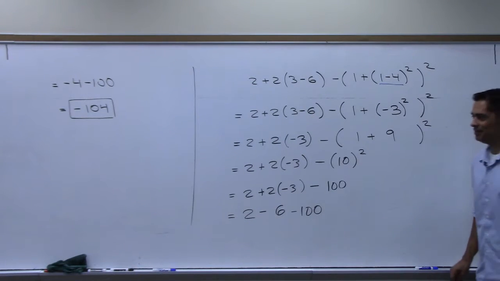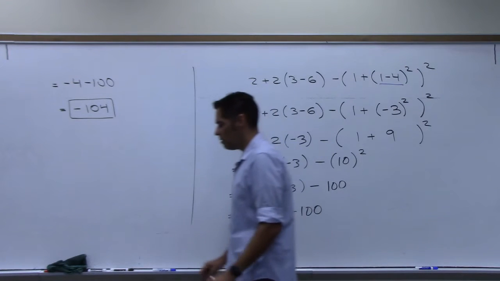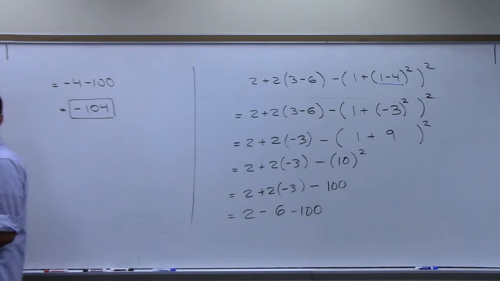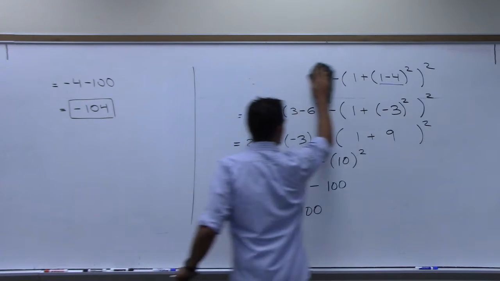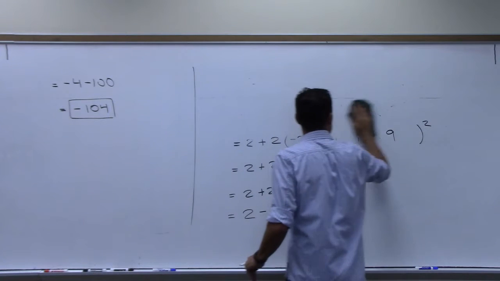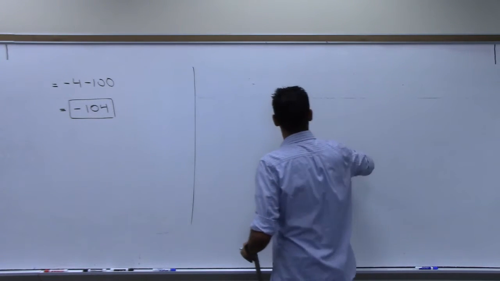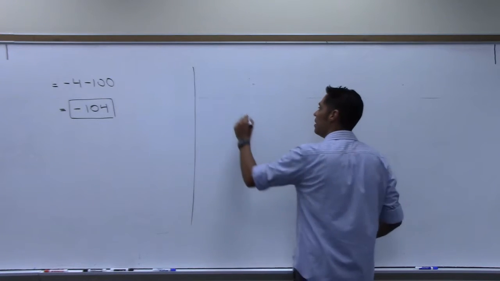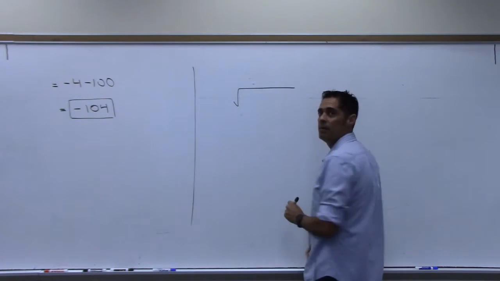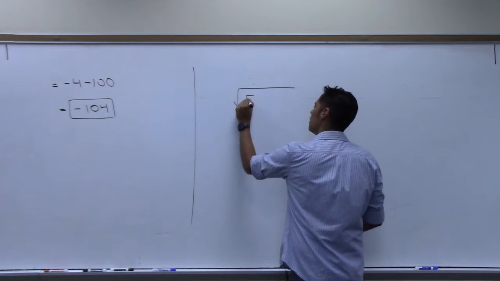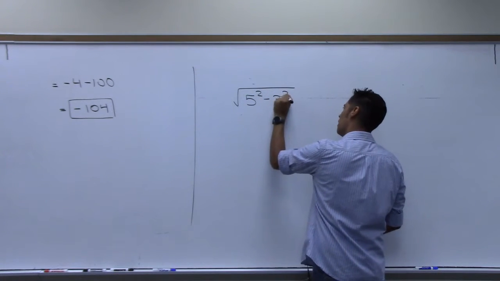Okay. Order of operations. Let's look at 3. 3 is, I think, a little easier than that one was. Three is the square root of 5 squared minus 3 squared.